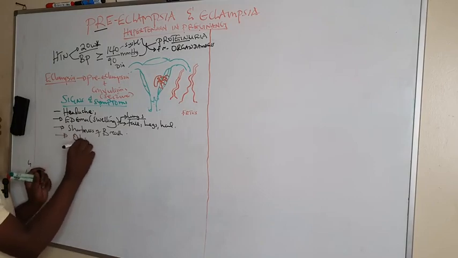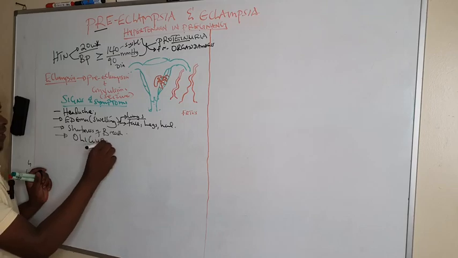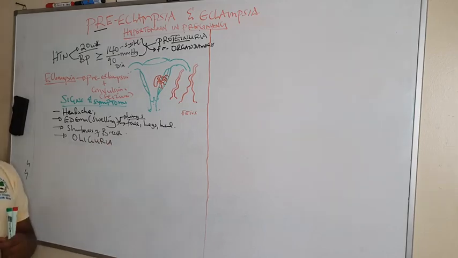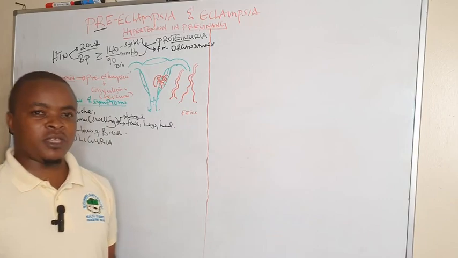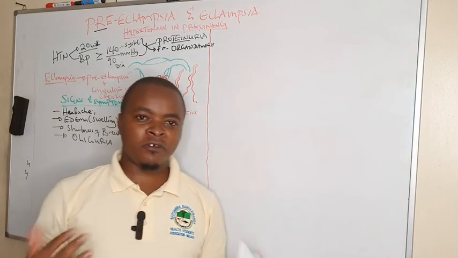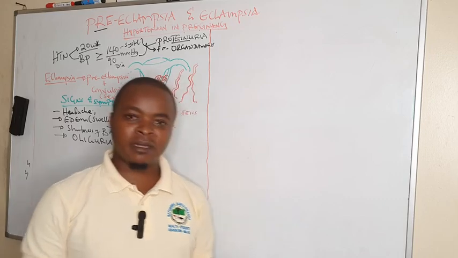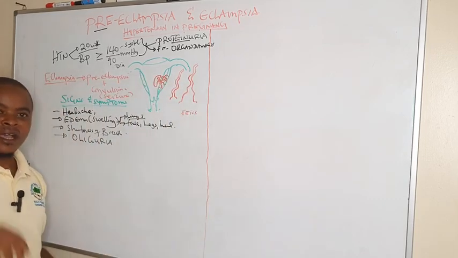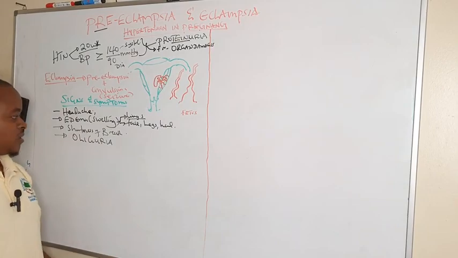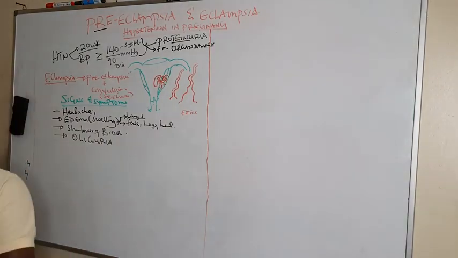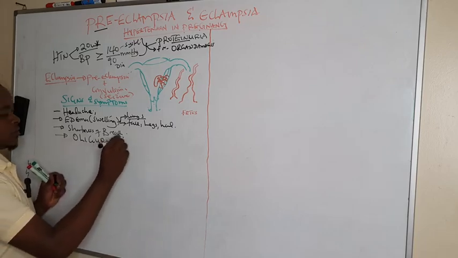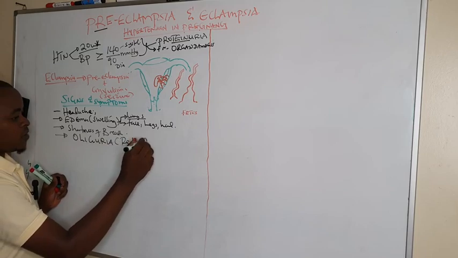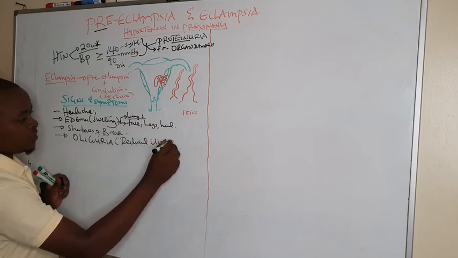There is oliguria. In severe stages, there is reduced urinary output. You find you have been urinating maybe 4 or 5 times in a day, but this time it is once a day, with reduced urinary output. That is what we are calling oliguria, reduced urine output.